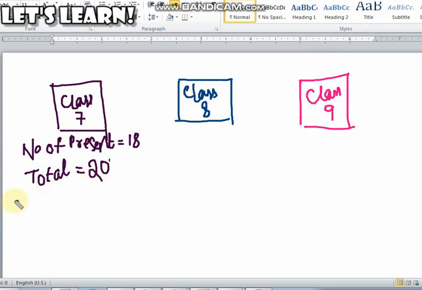So how can I calculate it? My first step is to write the gain, or the considered amount. We check how many children are present in the class, so we write that, which is 18, divided by 20, that's the total amount, and I want to change it into a percentage, so I'll multiply it with 100%.